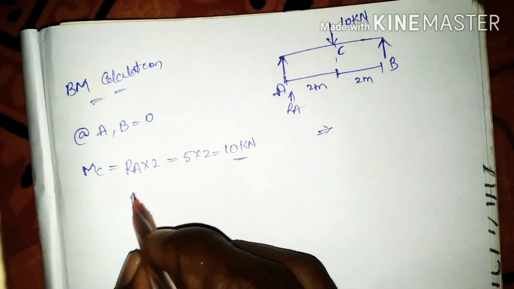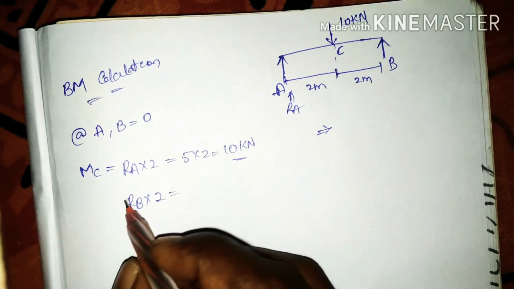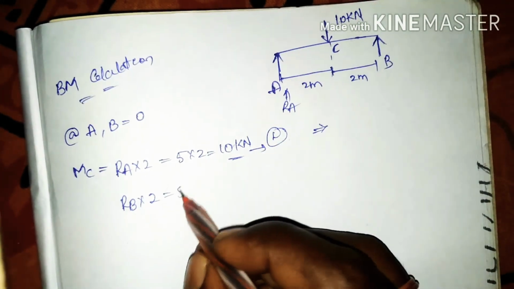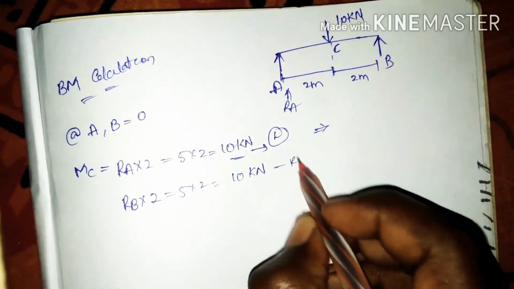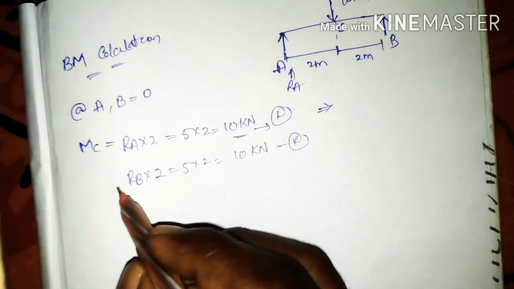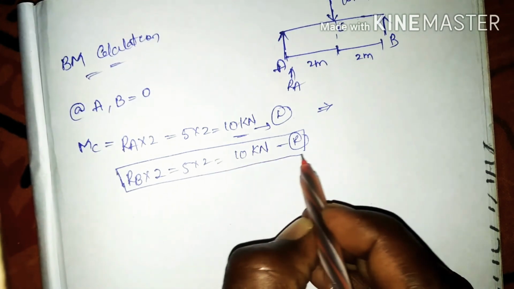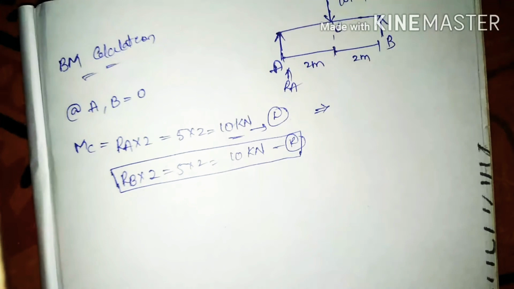Or similarly, RB into 2, this is from the right side and the other is from the left side, and that is the same value. Take any one of the right side or left side moments to draw the shear force diagram and bending moment diagram for the values.